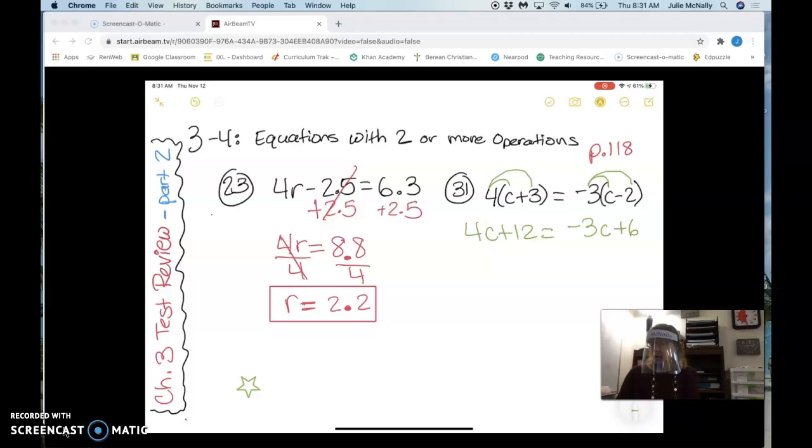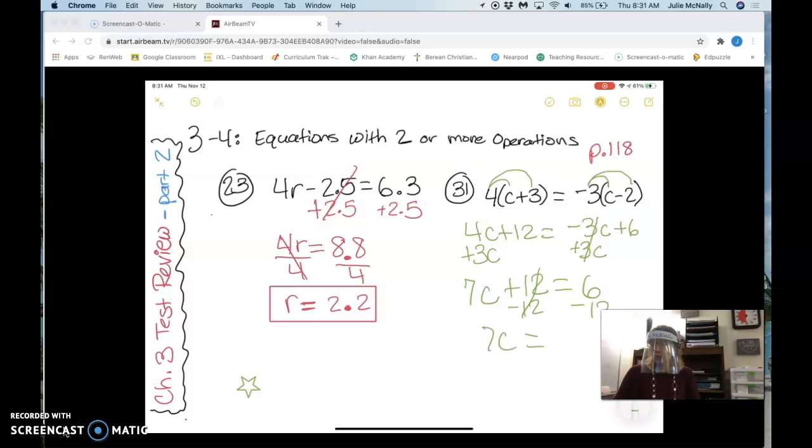All right. And now I have to get my variables to one side and my numbers to the other. So I'm gonna move this one because then it'll be positive. And I like positive variables. So that gives me 7C plus 12 equals 6. And then I do what? That's right, -12 to both sides.